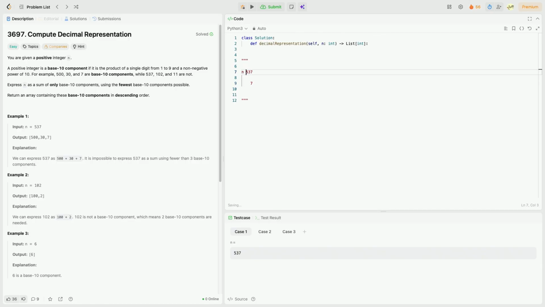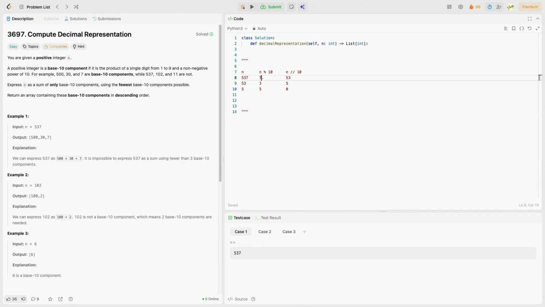So this is our number n. And we could extract the last digit using n modulo 10, because we're base 10. And if we do that, we get back the 7. Now, if we then divide n by 10, that means shifting it by one decimal place. So that would become 53. Now, if we perform the same action on 53, we could extract the 3. And we get 5 as the next value for n. And then that's 5. And then we reach 0. And that's basically the end of our algorithm.